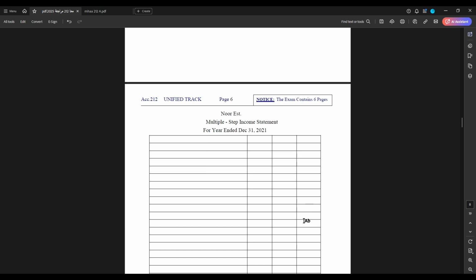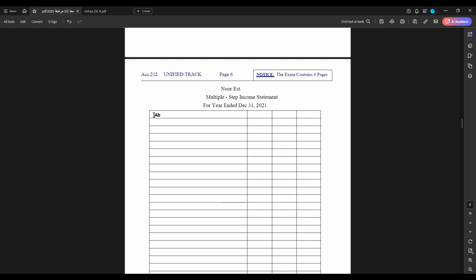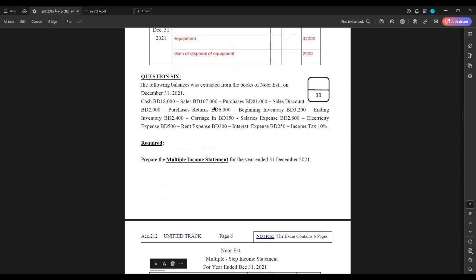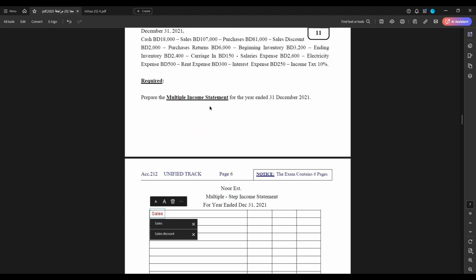So here we will start preparing the income statement, starting with sales. We will get the information from the question. So we have sales of 107,000.